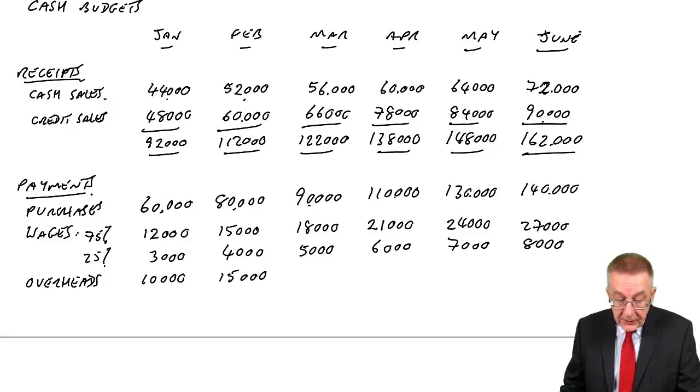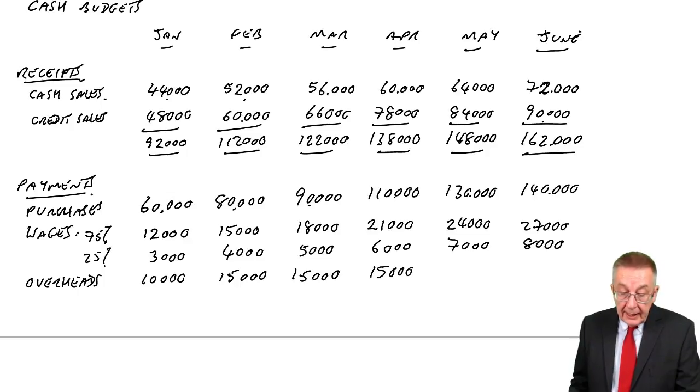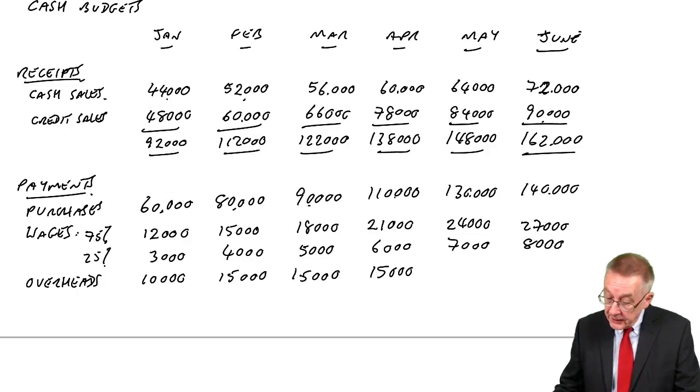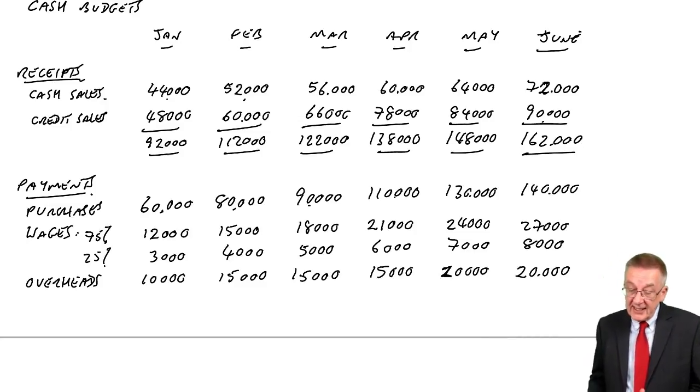March, we pay February's, which are again 15. April, we pay March's, which again are 15. May, we pay April's expenses, which were 20. And finally, in June, we pay May's expenses, which again are 20. That's a nice easy one.